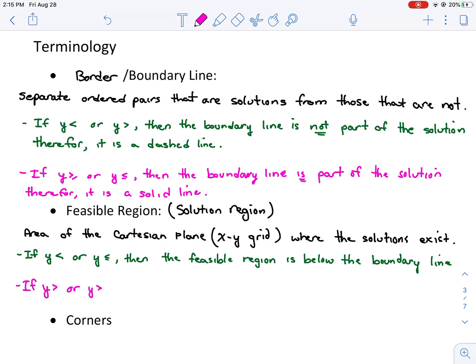If y is greater than or y is greater than or equal to an expression, then the feasible region is above the boundary line.